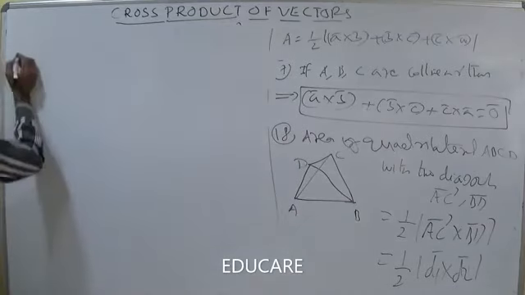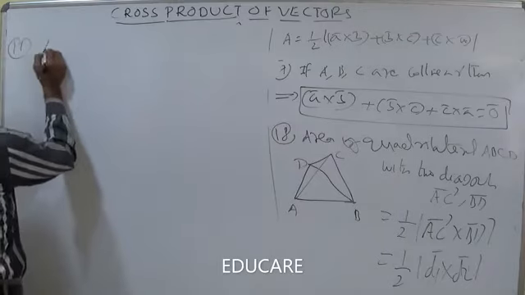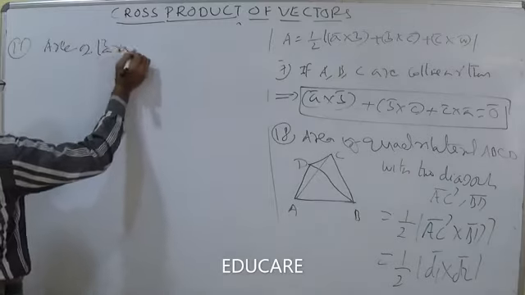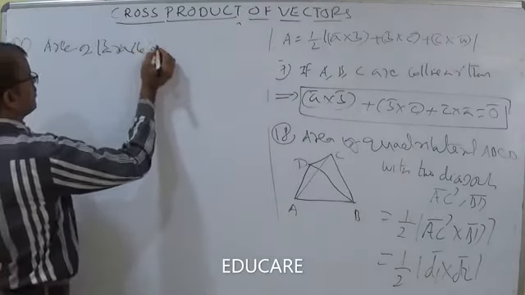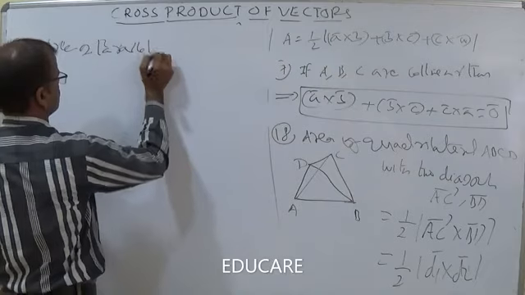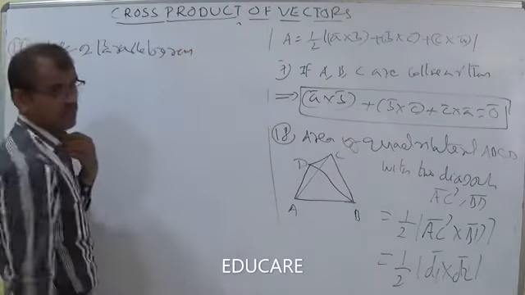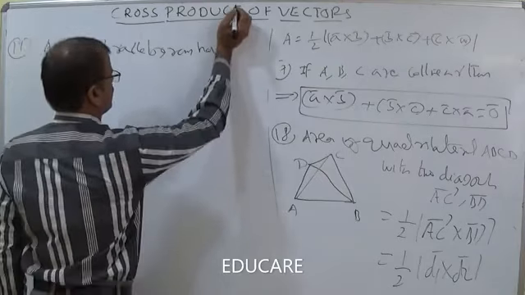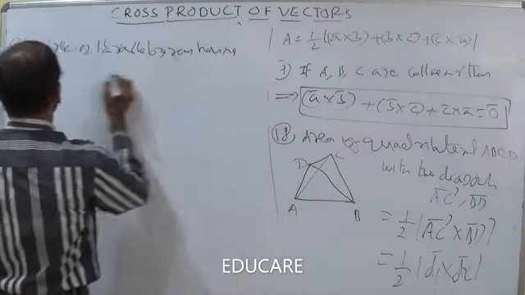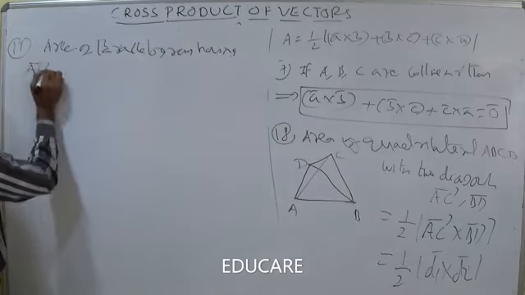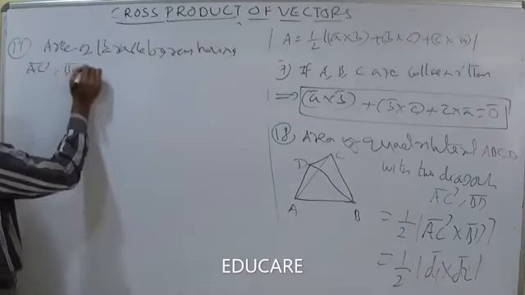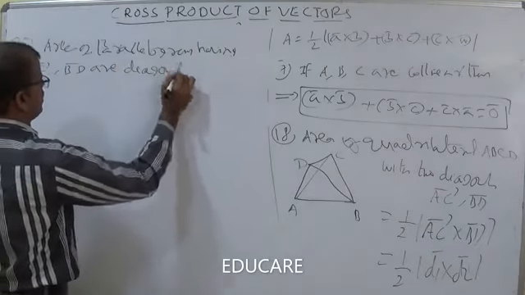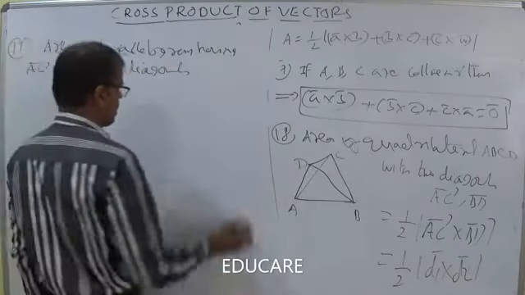Next, the 19th one: area of parallelogram. Area of parallelogram having AC and BD as diagonals, because separate sums are there for parallelogram and quadrilateral.